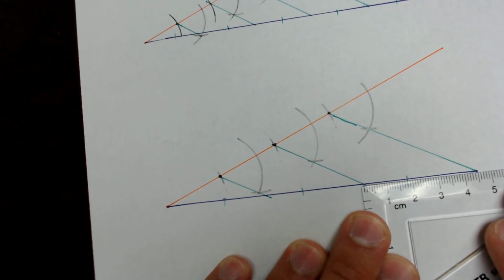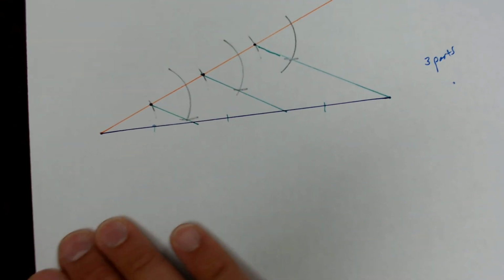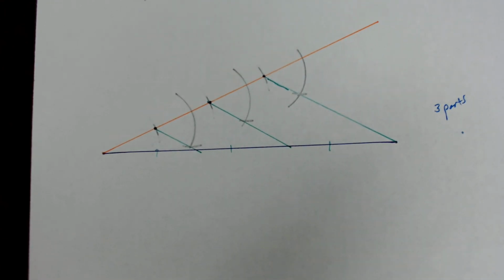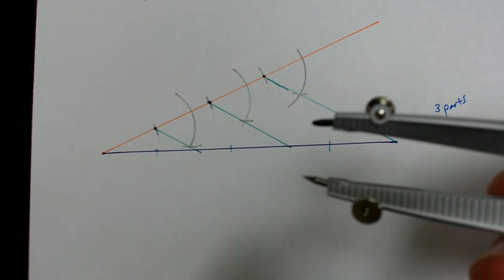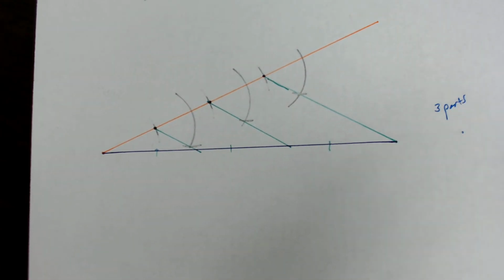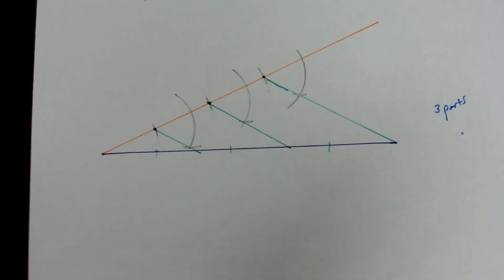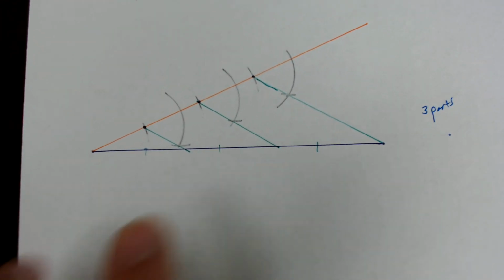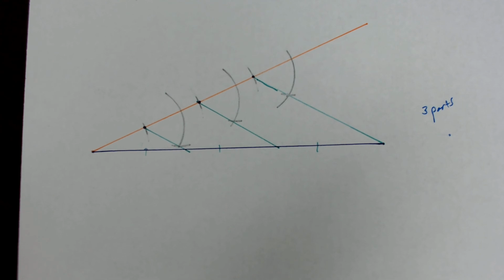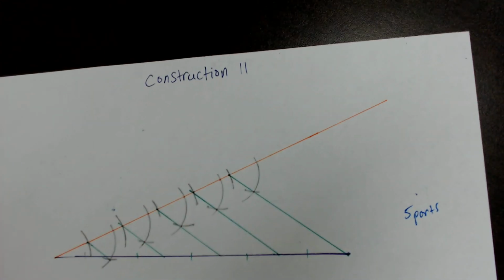And then 4.4 again. All right, so again, there's going to be some imperfection with this, usually depending on how dull your pencil lead is, which mine's starting to get a little bit dull. But this is the proper construction, and if done perfectly, you won't have that 1/1000th of a meter variation. That's it for construction 11.